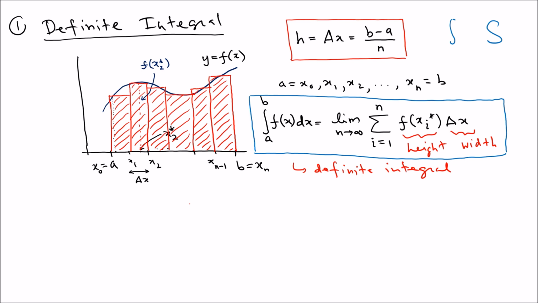So this definite integral represents the area below the curve, above the x-axis. That's how we call it, just to make it easy: it represents the area below the curve.